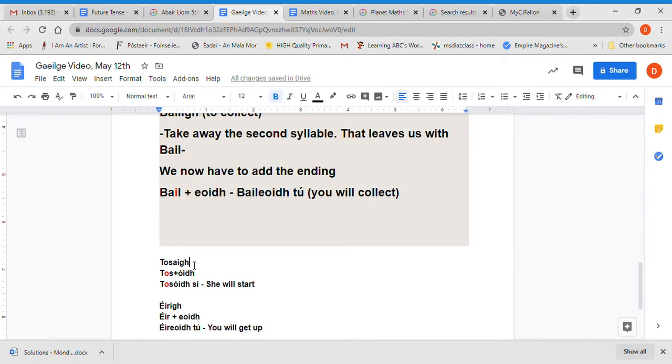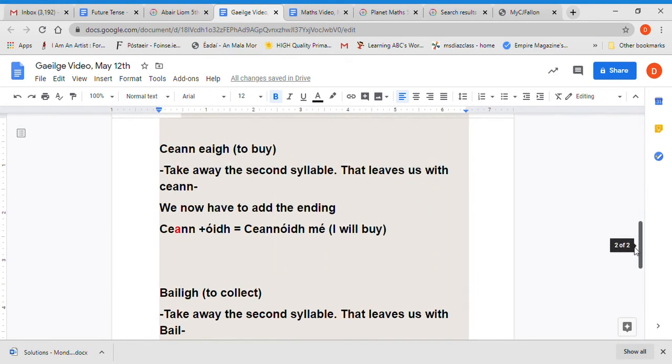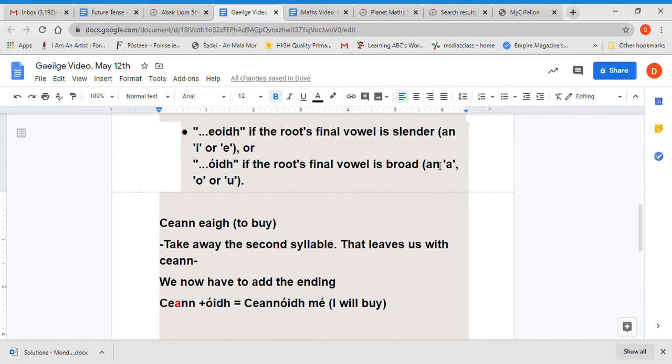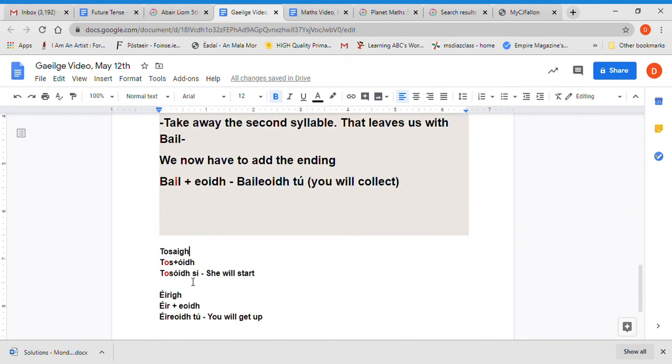All right, so we get rid of that, and we look to the last vowel, which is O. If the last vowel, I'm going to post this document tomorrow to help you, is A, O, or U, we add O for the IDH. That's for two syllable words. Right? So that gives us tosóidh. And I have here tosóidh sí, she will start.